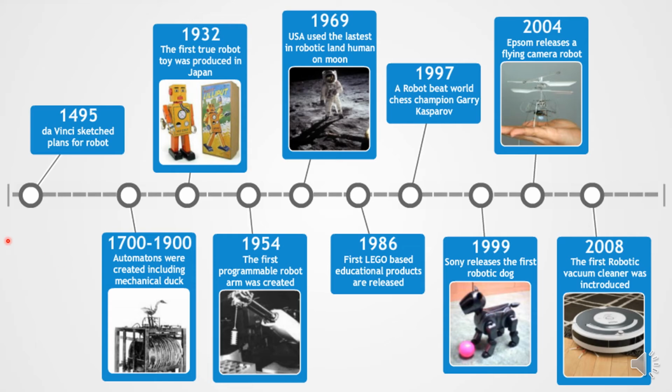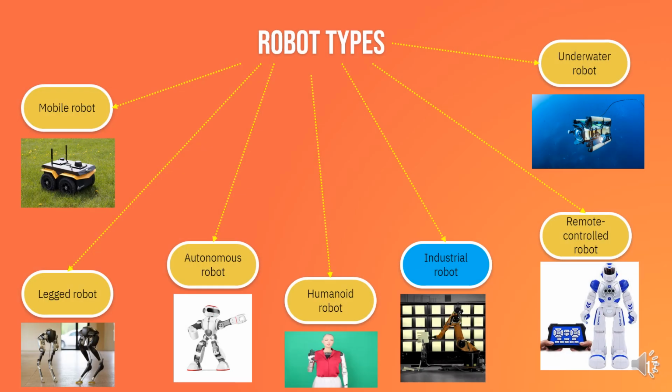This slide shows a timeline of the historical developments of robots. The timeline clearly shows that recent advances in digital computer technologies as well as artificial intelligence have led to increasingly advanced robot development. Robots can be classified into several types depending on their use.